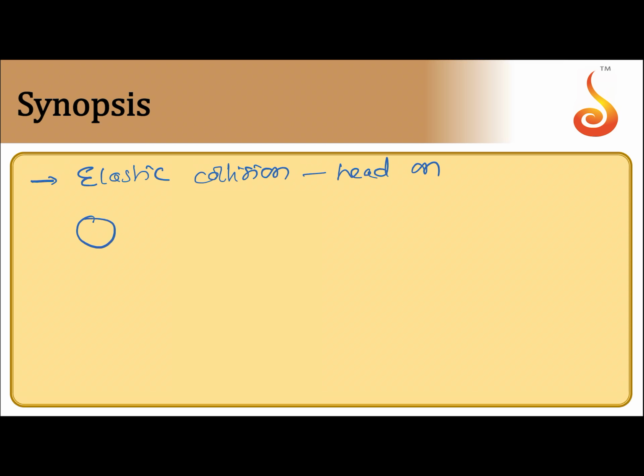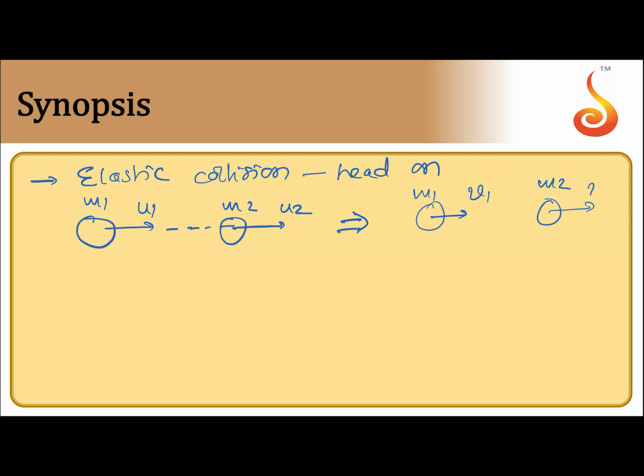We have a particle of mass m1 moving with velocity u1 heading towards another particle of mass m2 moving with velocity u2. This is pre-collision, and post-collision the particle of mass m1 moves with final velocity v1 and the other moves with velocity v2. This is the post-collision scenario.